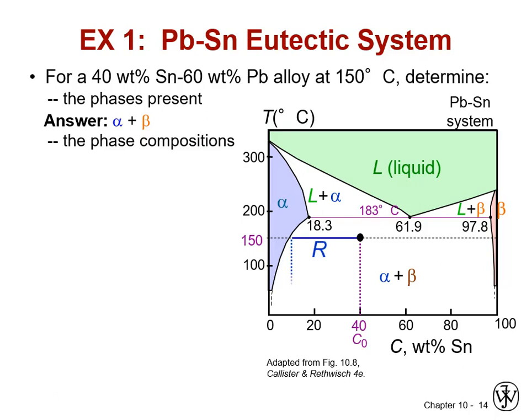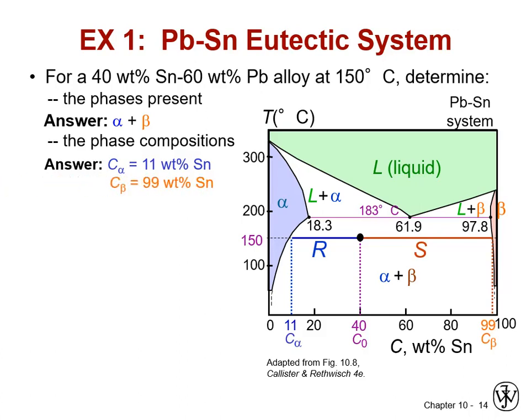And what would their compositions be? Well, alpha would be 11% tin, and beta would be 99% tin. So beta has a very low solubility for lead. It's almost pure tin. So it didn't take much, only 1%.